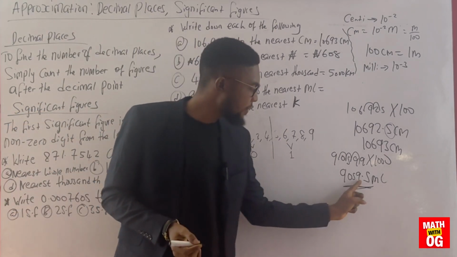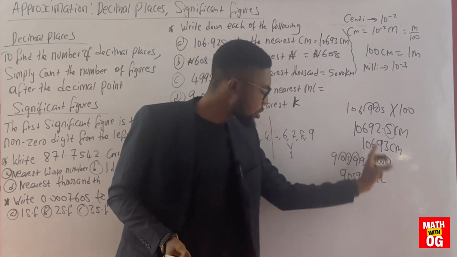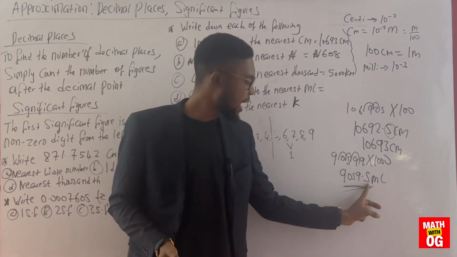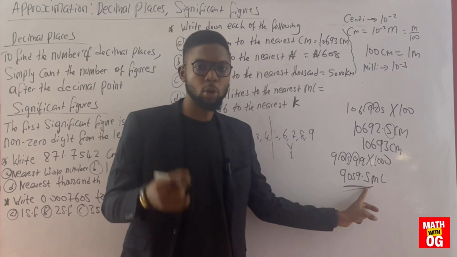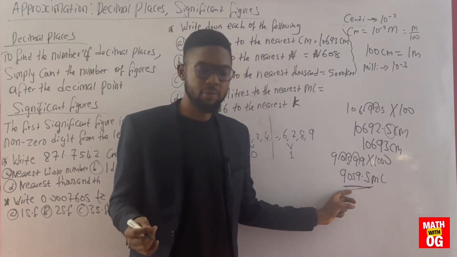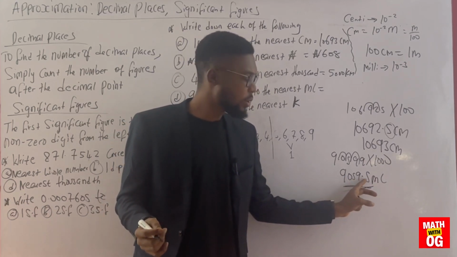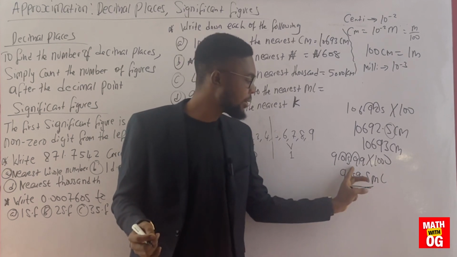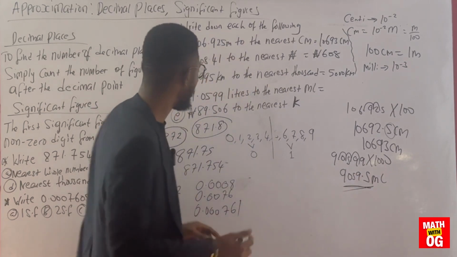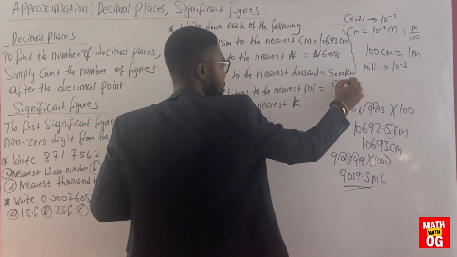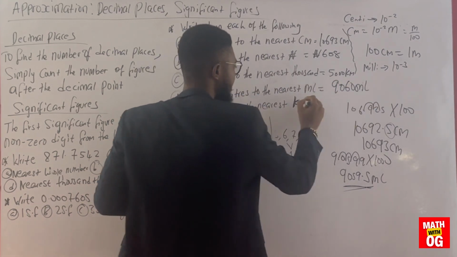So we have 9059 as the whole number. Look at the next number after the whole number. That's 5. 5 will round up to 1. Add 1 to 9059. So this will give us 9060, because 1 plus 9 is 10. Put down 0, carry 1. 1 plus 5 is 6. So my answer here will be 9060 milliliters.